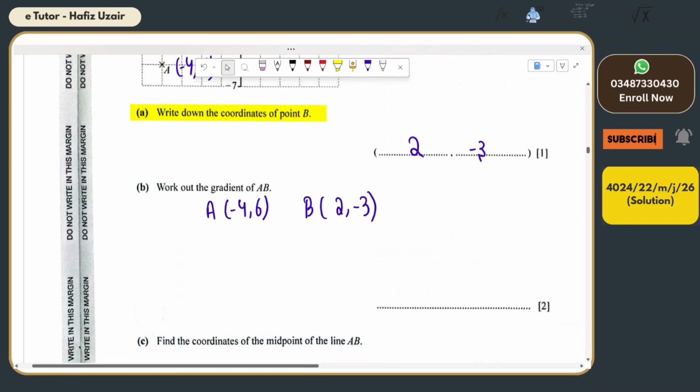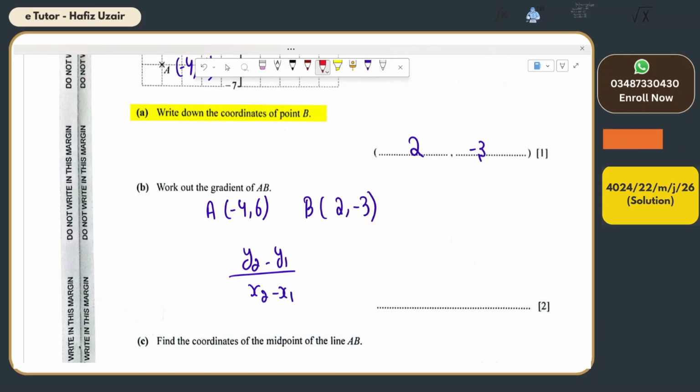The formula for gradient is y2 minus y1 over x2 minus x1. So this is x1 y1, this is x2 y2. This will be equal to minus 3 minus minus 6 over 2 minus minus 4.